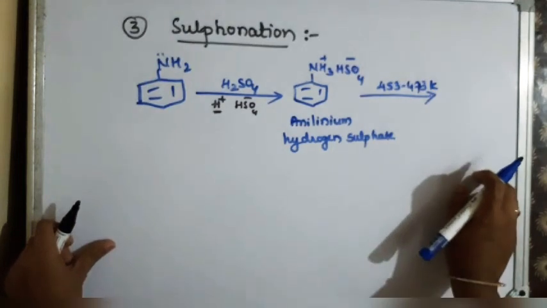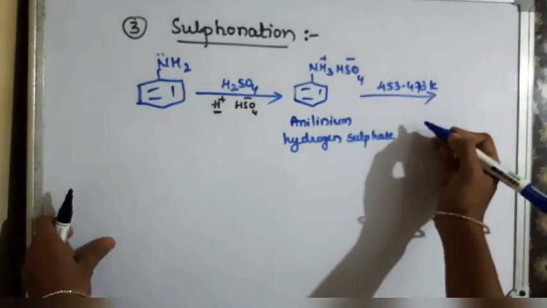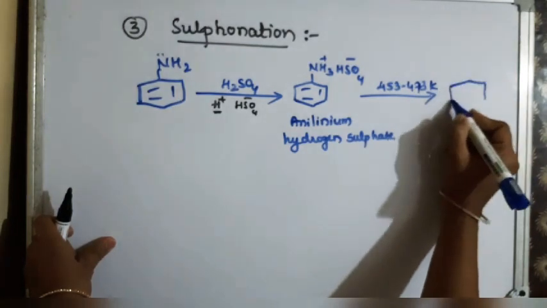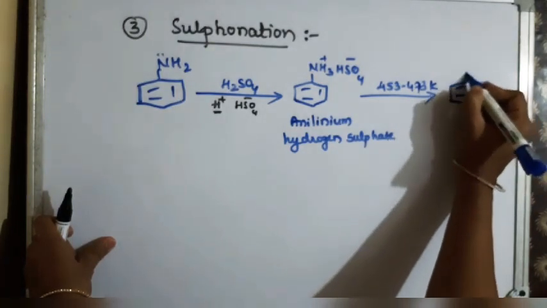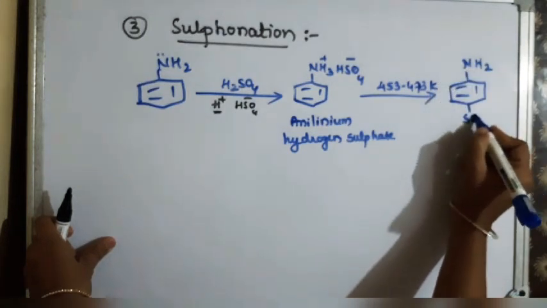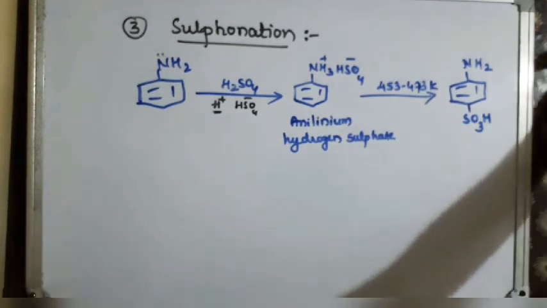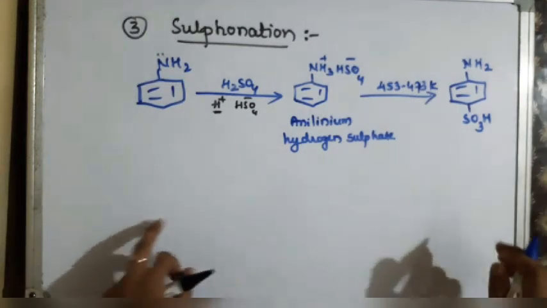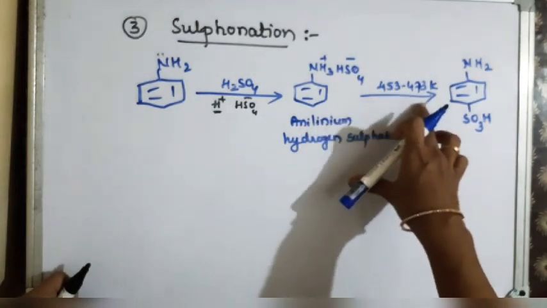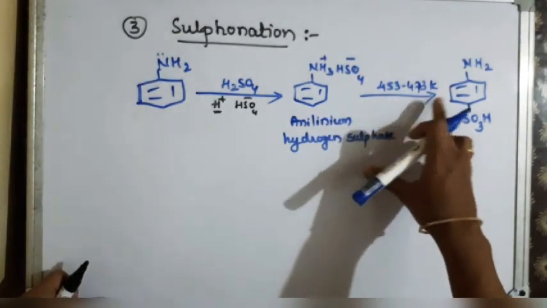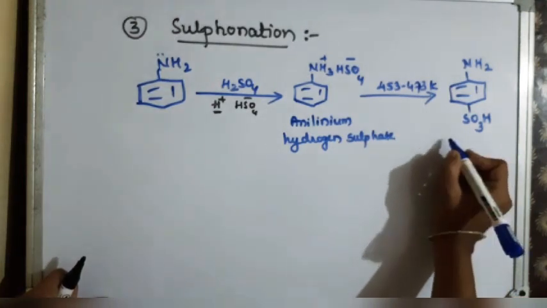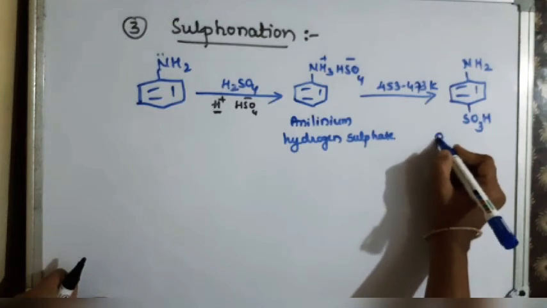This on further heating at 453 to 473 Kelvin temperature with sulfuric acid, there is a formation of para-amino benzene sulfonic acid.